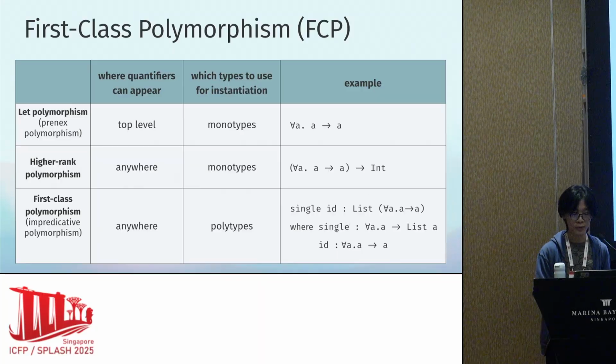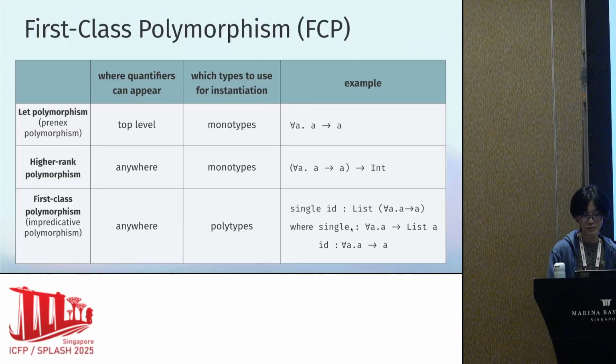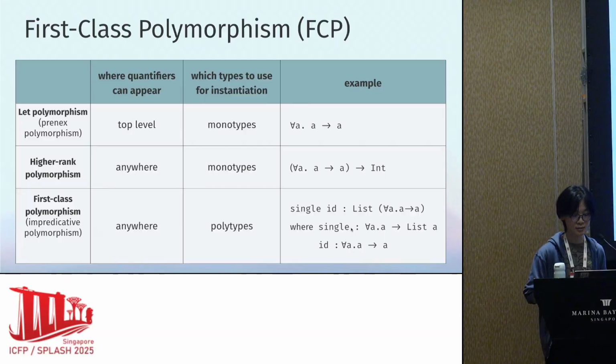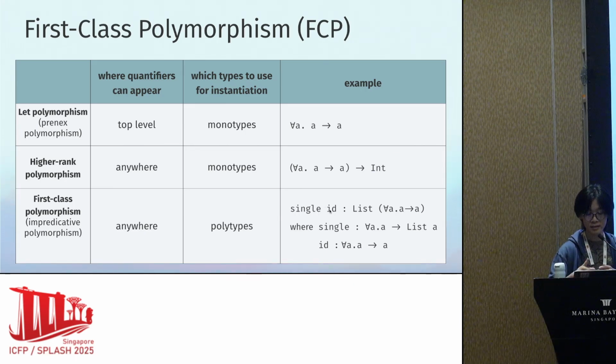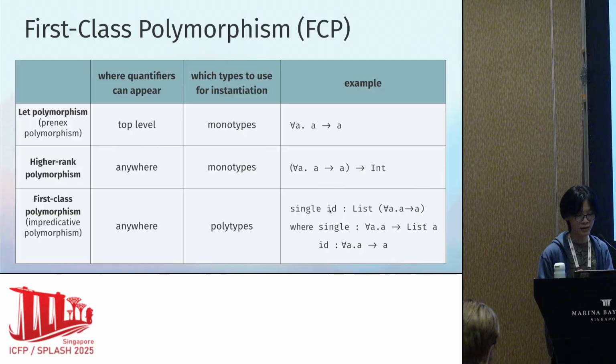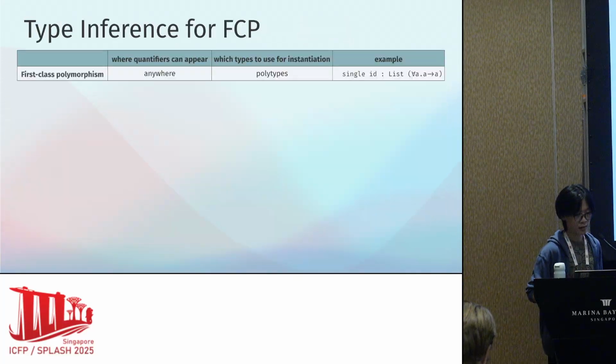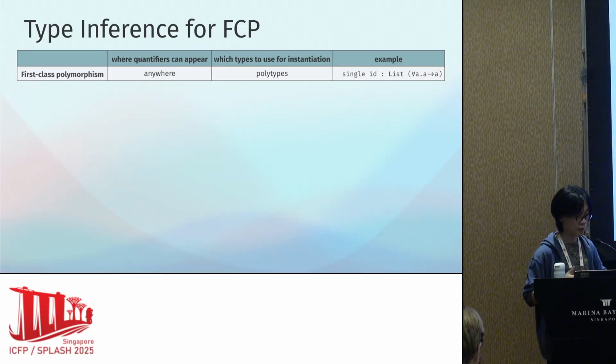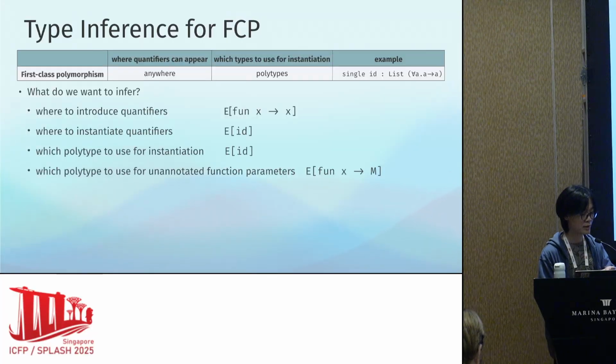Suppose we have a polymorphic function single which creates a list, and we have the identity function. We can do the application single ID to have a list of polymorphic identity functions.